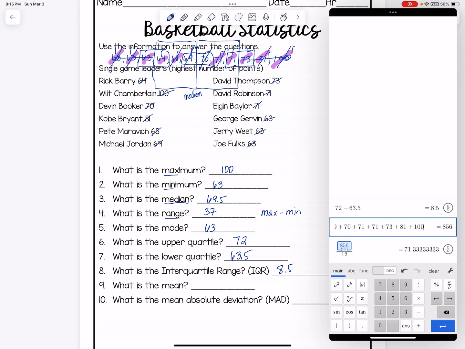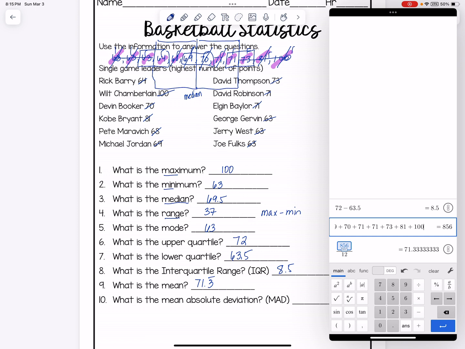I have two of those, a 73, an 81, and a 100. Okay, and I have 12 pieces of data, 1, 2, 3, 4, 5, 6. Yep, 6 and 6 is 12. All right, so we have 71.3 or 71 and 1/3. We're going to just do 71.3 with the 3 repeating. Okay, is the mean.